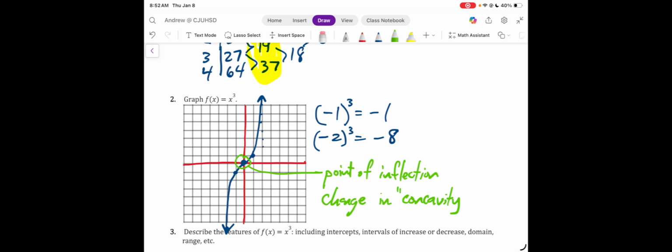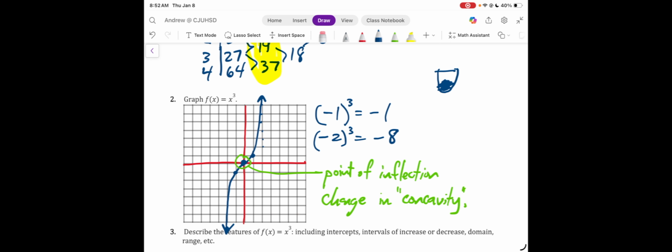Okay, so think of concavity as a cave. Or I think of it as a cup. Now, if a cup is facing upward, so it can contain water, and here's our water, or whatever, we would say that's concave up.